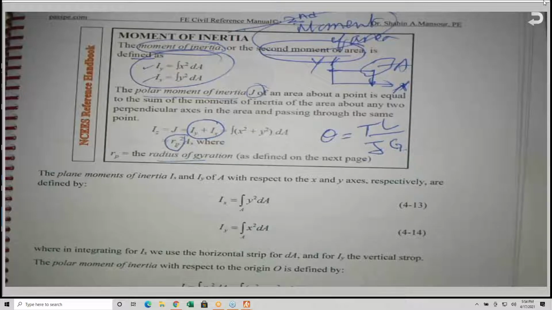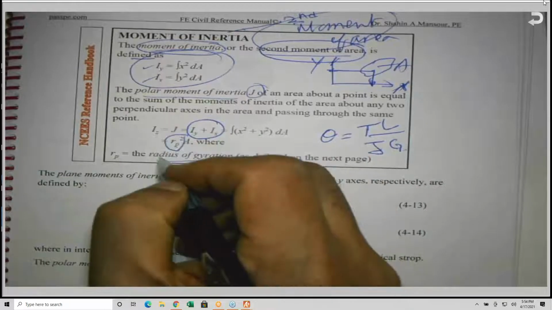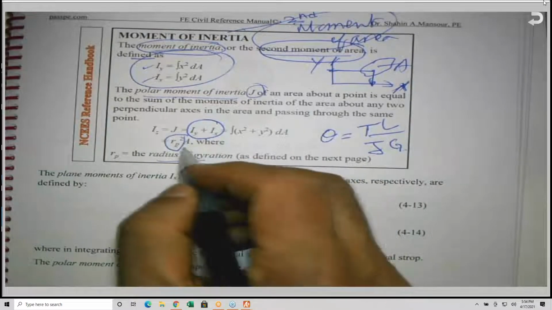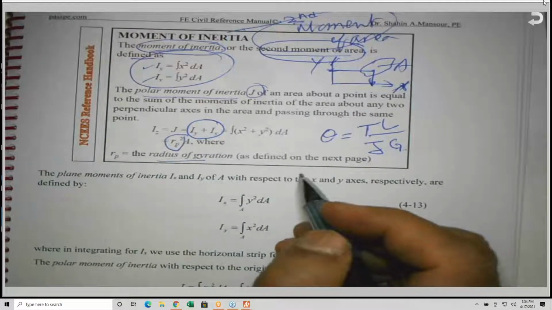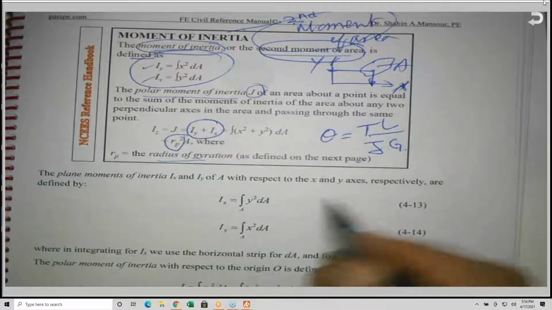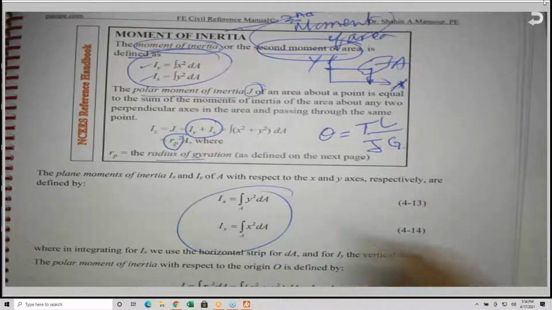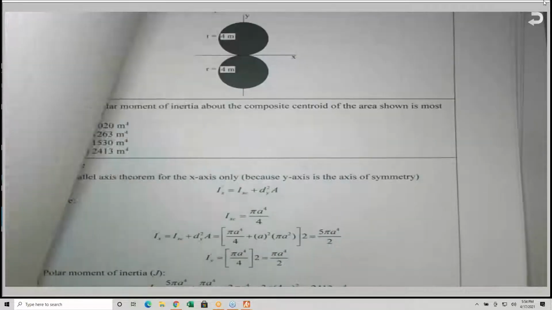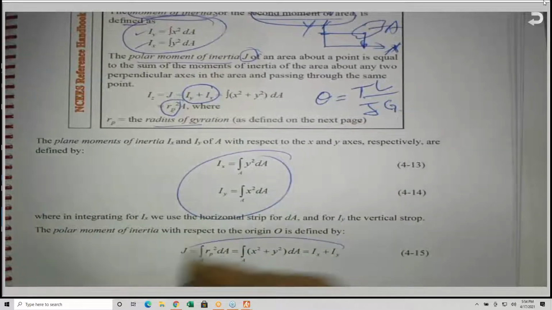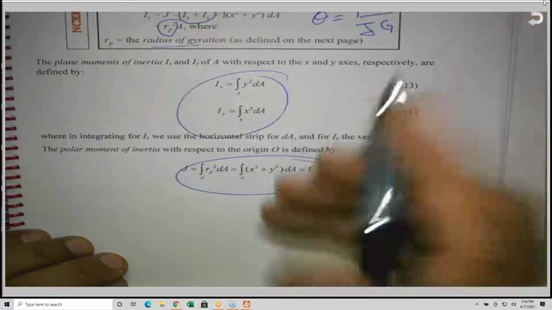And we're going to see all this, the polar moment of inertia and radius of gyration and all these things. So, moment of inertia is, as I described it here, I'm using the same notations. The J is the polar moment of inertia, we need to know that.